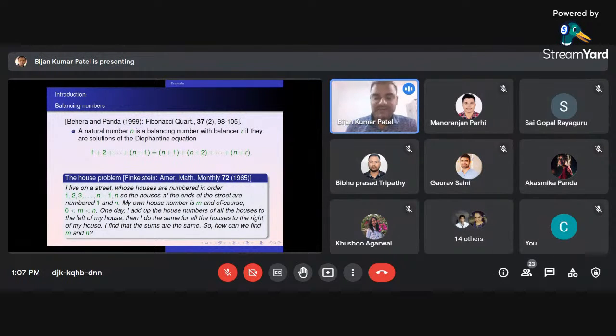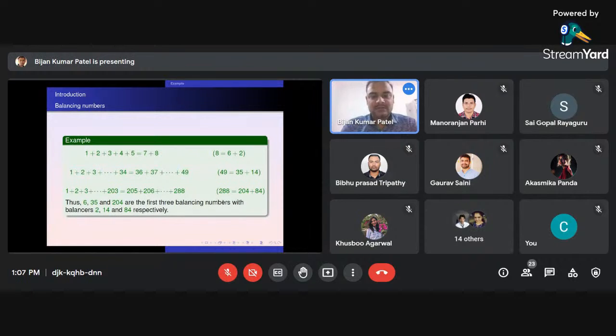Like if you take an example, suppose I'm staying in house number 6. If I add the house numbers on the left hand side, that is 1 plus 2 plus 3 plus 4 plus 5, that is 15. Then on the right hand side, 7 plus 8, the two house numbers, that is 15.